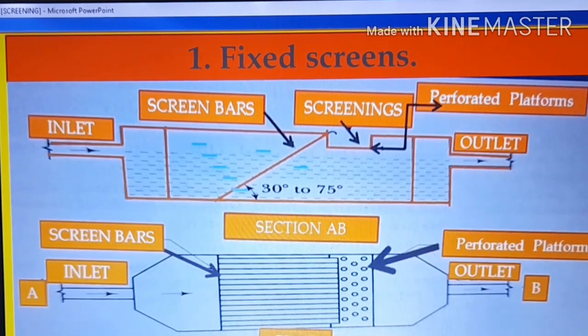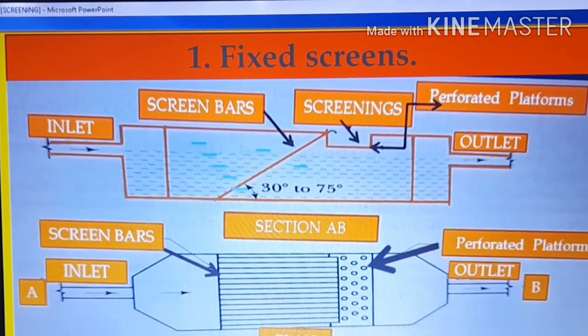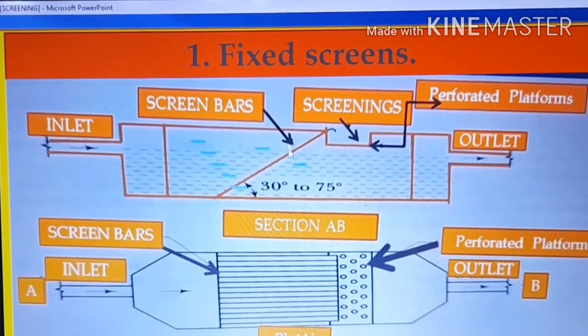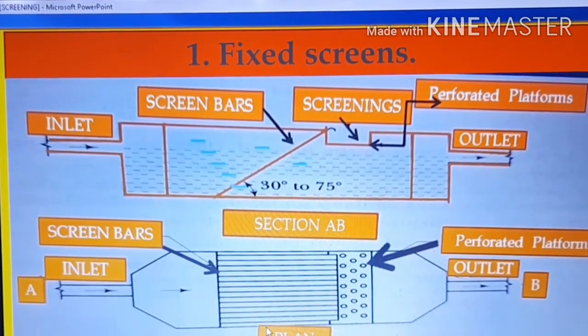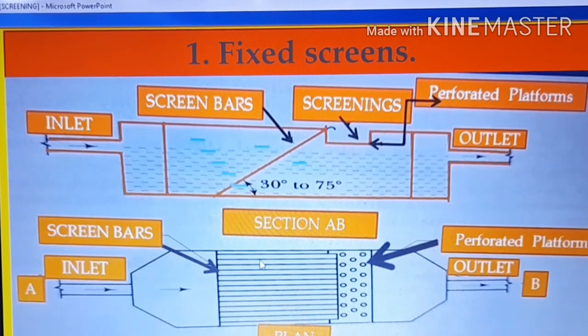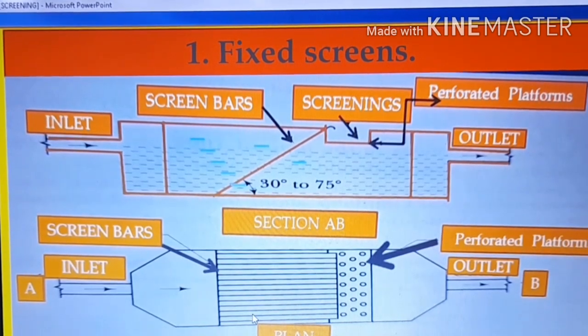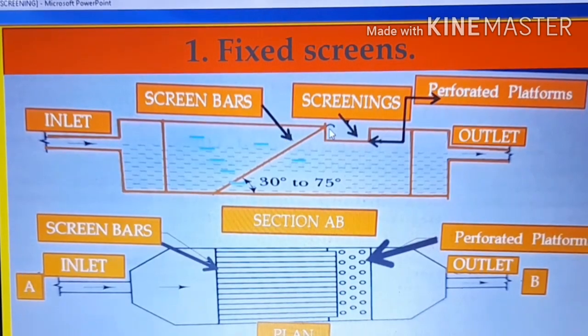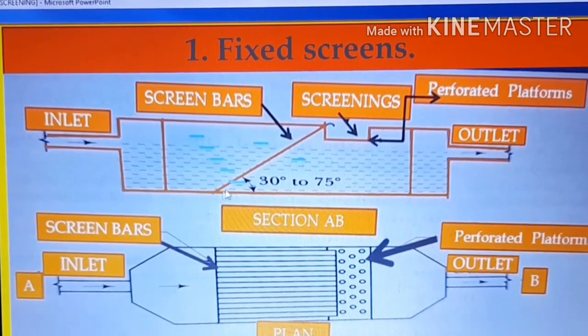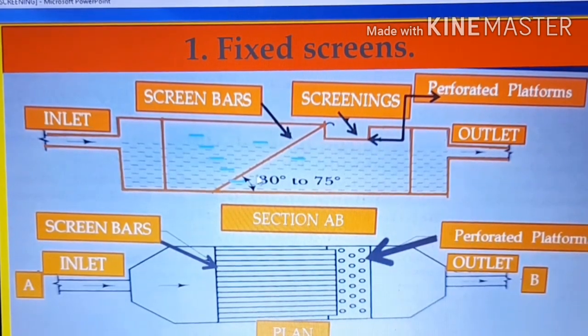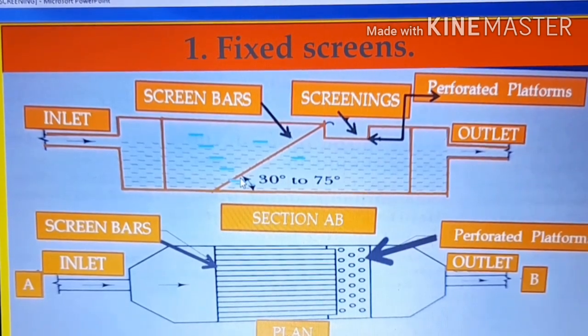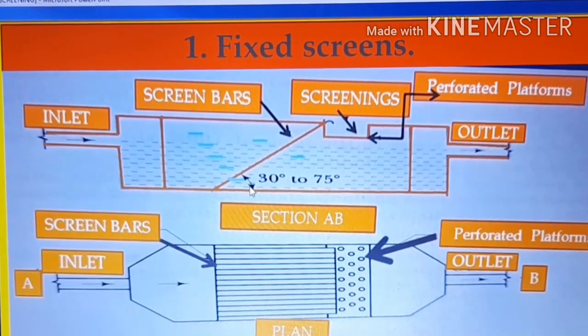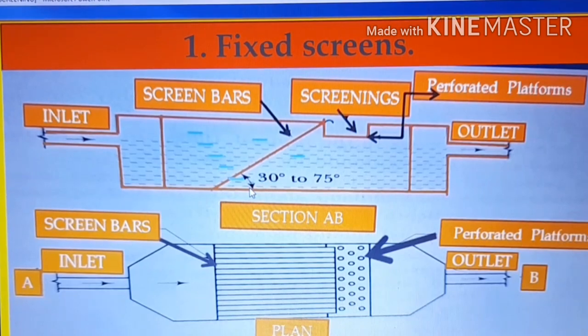Here is the diagram. The upper diagram shows the section, and below is the plan. This is your screen bars, clearly shown. Here also the screen bars are shown. At what angle are they provided? 30 degrees to 75 degrees. Okay.